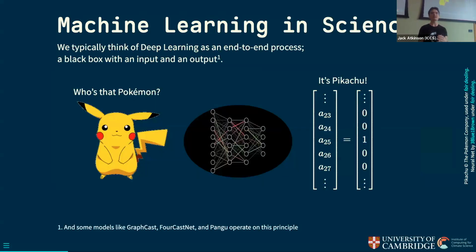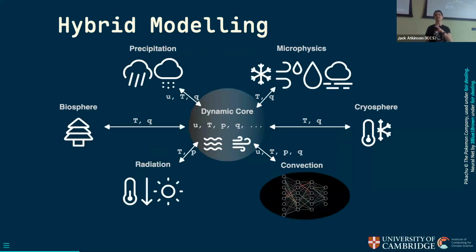This is where machine learning has come in and provides a new route to looking at these sorts of phenomena. Traditionally, we think of machine learning much more as an end-to-end process, a black box. We feed in some input and we get some output out of the other end that we can say something about. This is not true in the applications that we're looking at. What we're particularly interested in is replacing a single component of the models that we're dealing with.